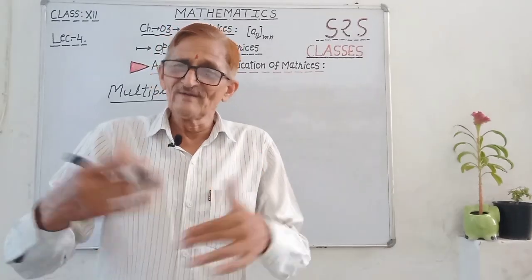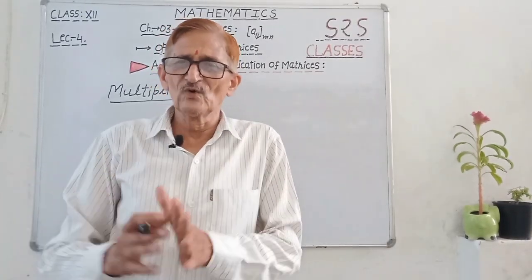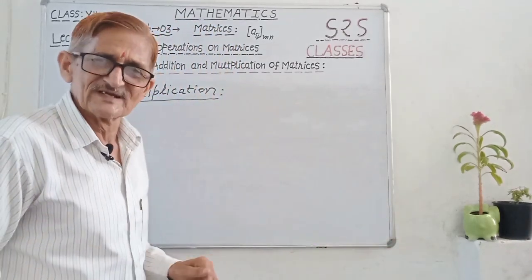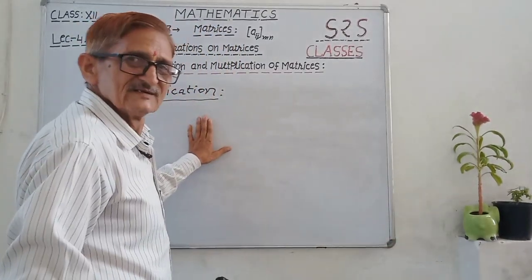Okay? How to multiply comes after that, that is the rule, the method. But which can we multiply? First that definition. So multiplication definition.